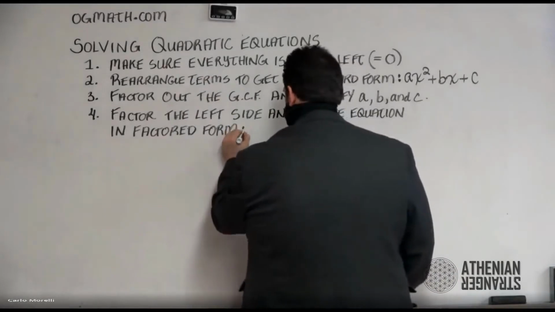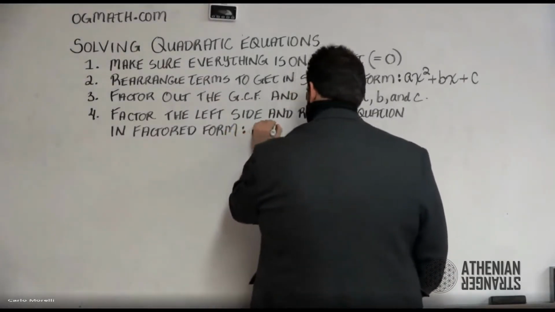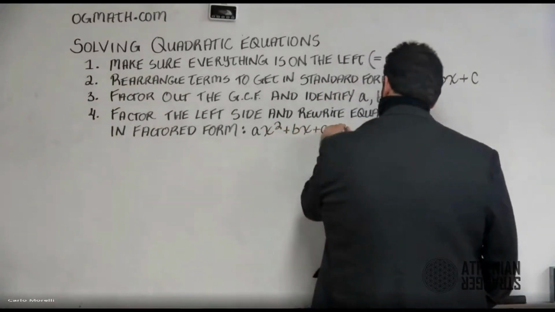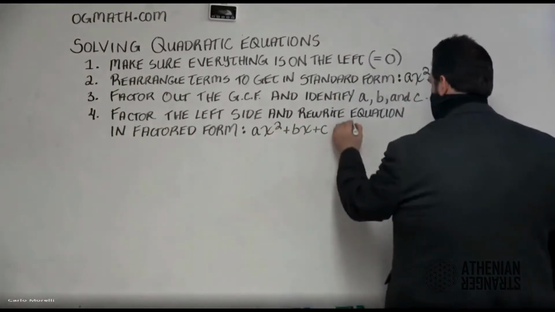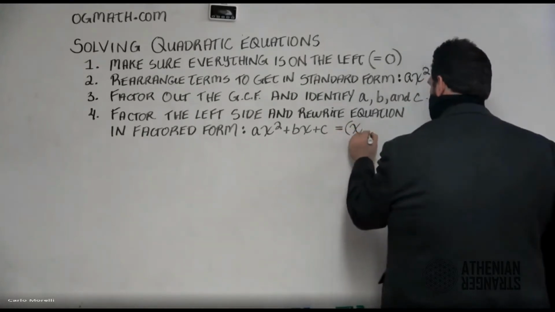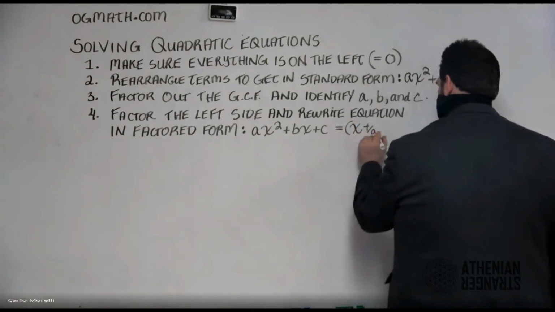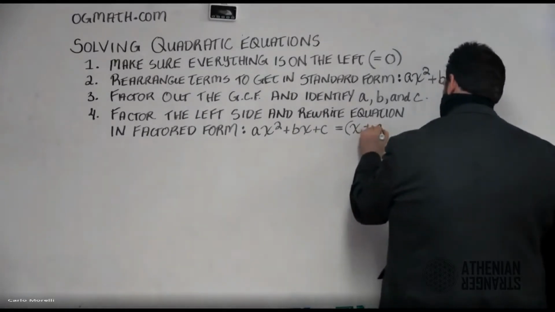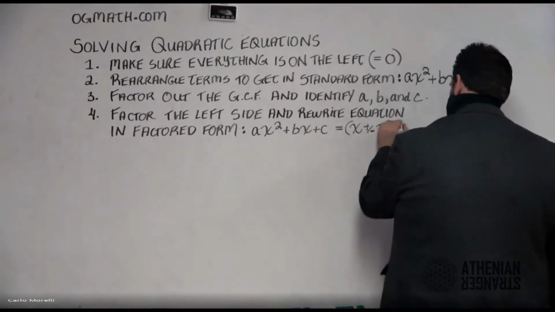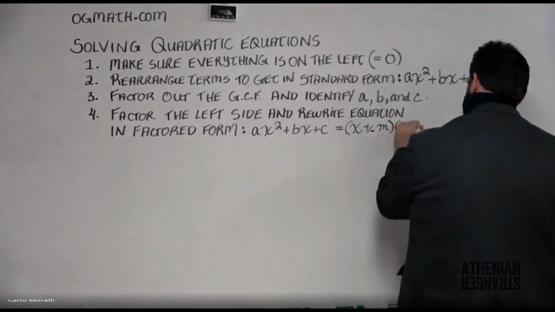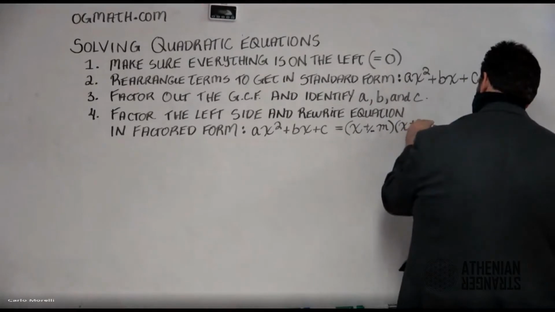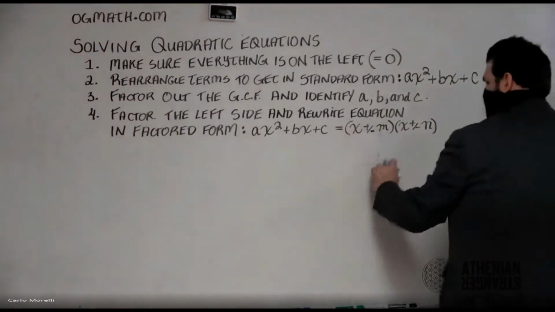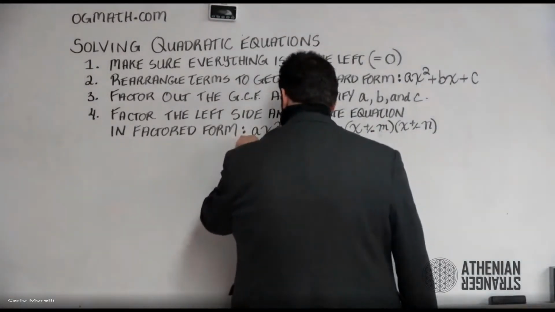We're going to go from ax squared plus bx plus c into something that looks like x plus or minus some number m, times x plus or minus some number n. This is factored form. This is standard form.